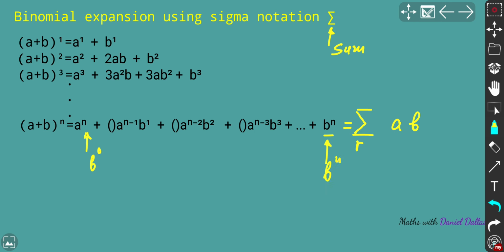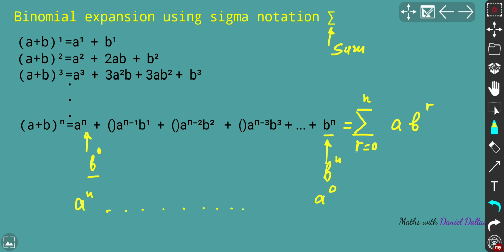So if we set r as the power for b in the index form, we can put r, and r will be changing from 0, that's the initial term, the first term, up to n, the maximum power, okay? So next, what about a? The power for a starts from a to the power of n, okay? It starts from n, and it's consequently decreasing up to a to the power 0 every time by 1.